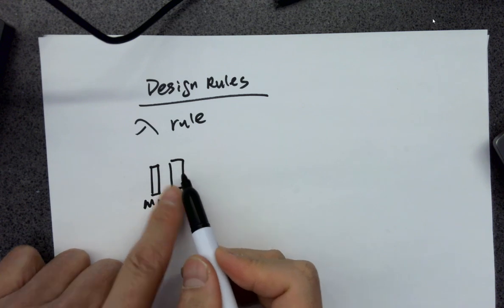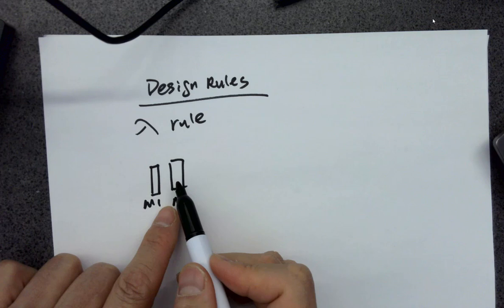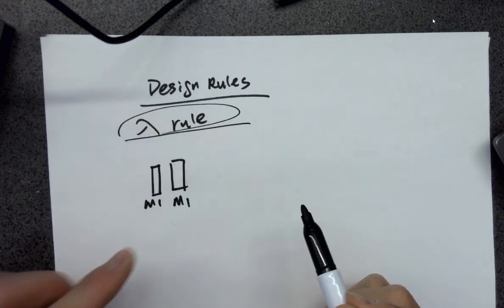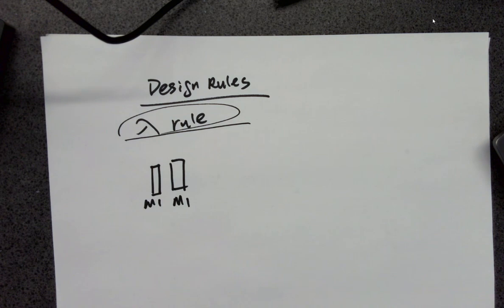So you can tell they are too close to each other. So eventually you don't need to memorize any of the rules, but you need to know that there are certain design rules to define the minimum space between metal 1, or the space between metal 1 and metal 2, and the space between metal 1 and vias, things like that.